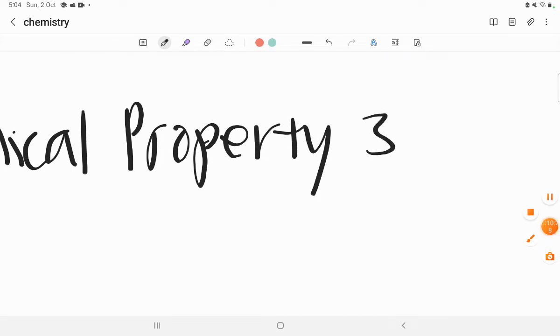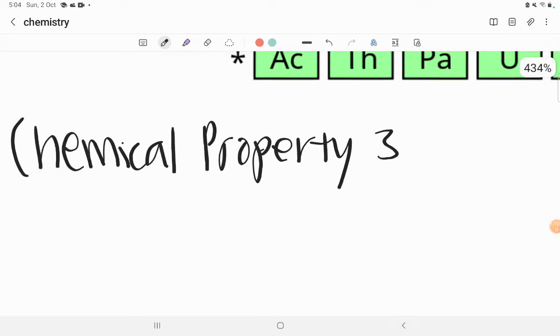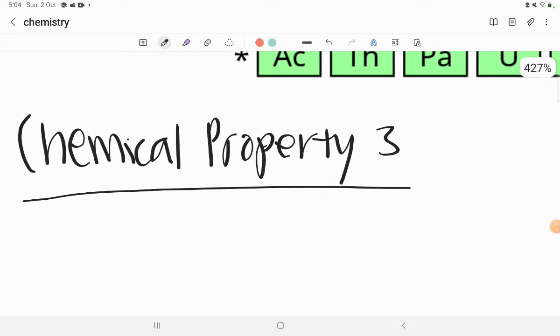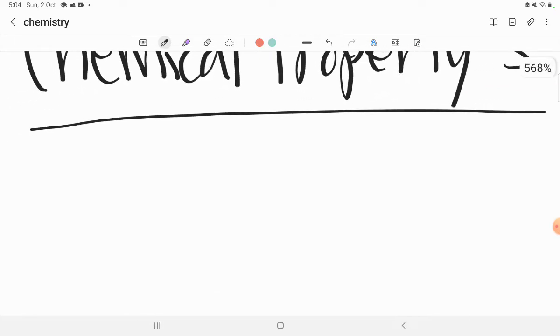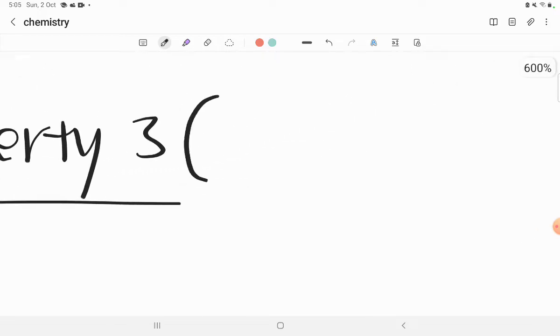It's been 1 hour. Oh man. Okay. Chemical property number 3. This one has a name also. It's precipitation.